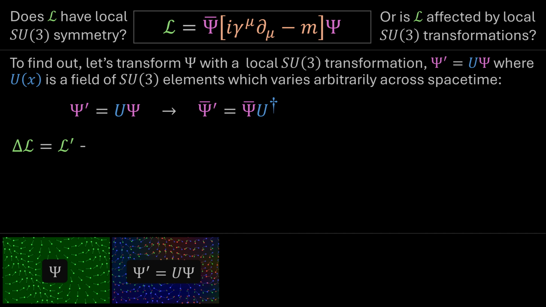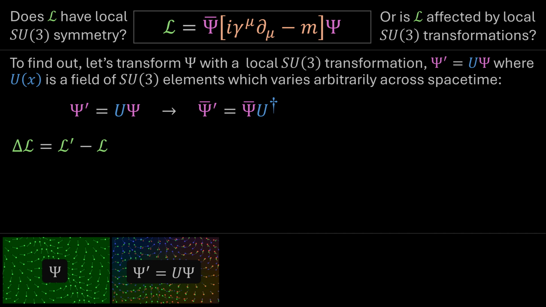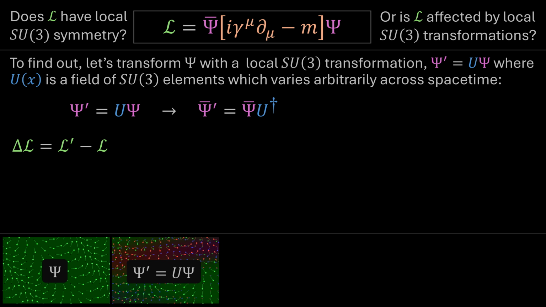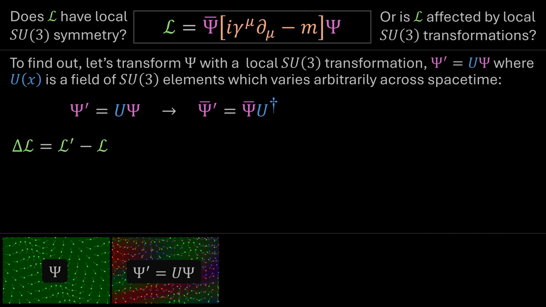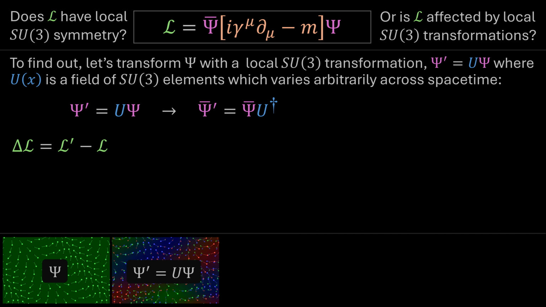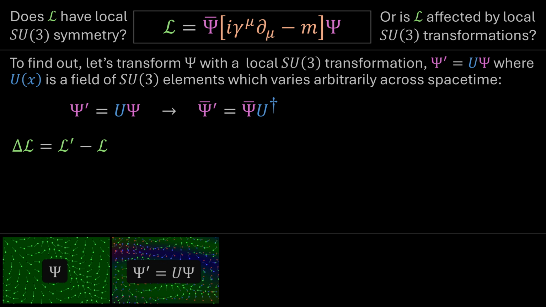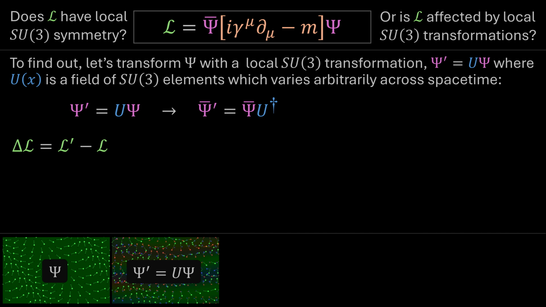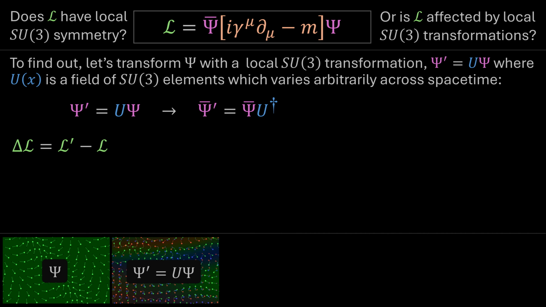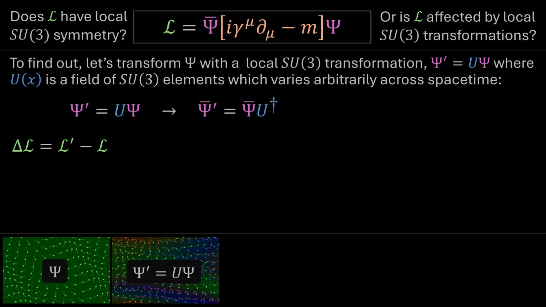Okay, so now let's investigate the quantity delta L, which is defined as our transformed Lagrangian minus the original Lagrangian, so L prime minus L. And if delta L equals 0, then there is no change to the Lagrangian under a local SU3 transformation, and it naturally has the symmetry that we're looking for.